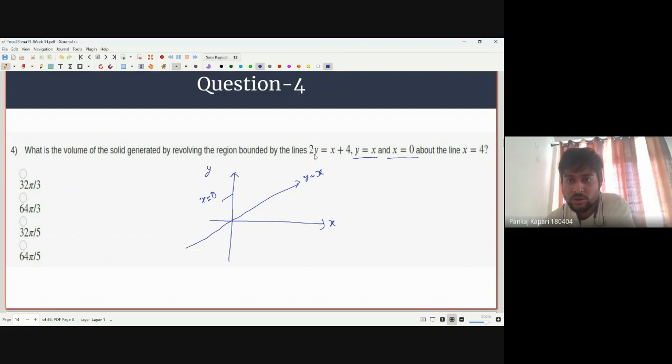If x becomes 0, then y is 2, so on the y-axis there is a point 0 comma 2. And if y becomes 0, then x is minus 4.